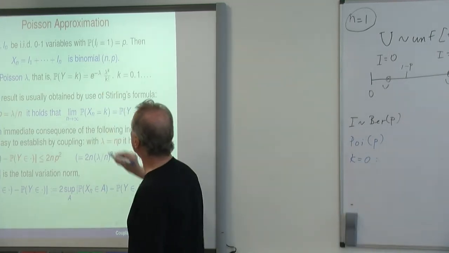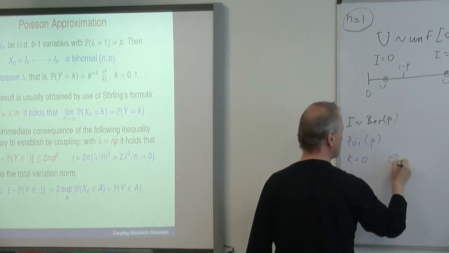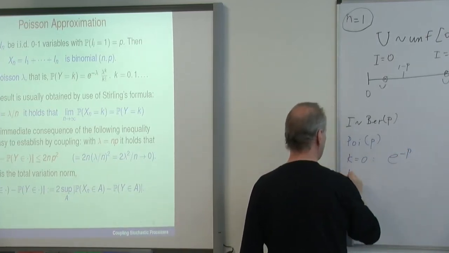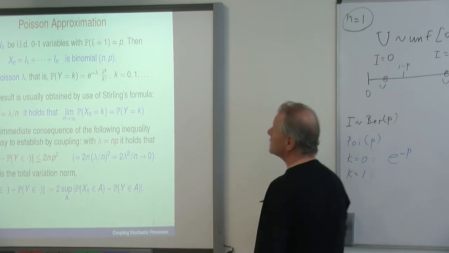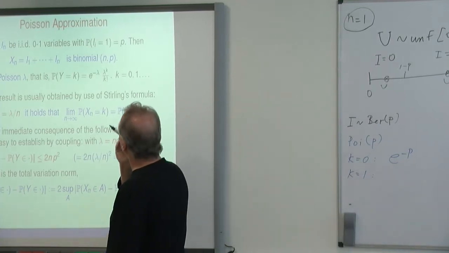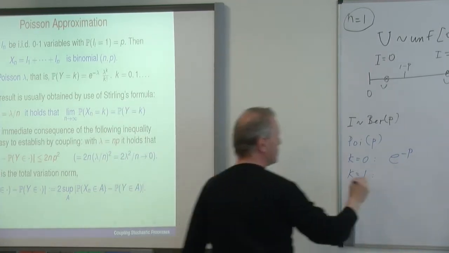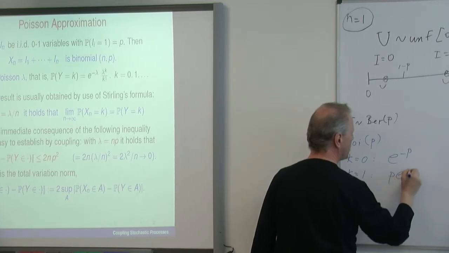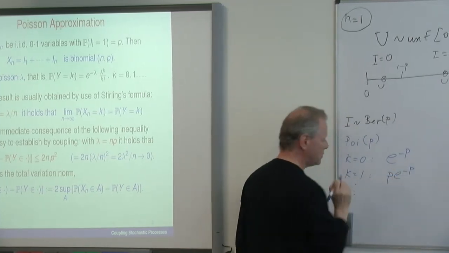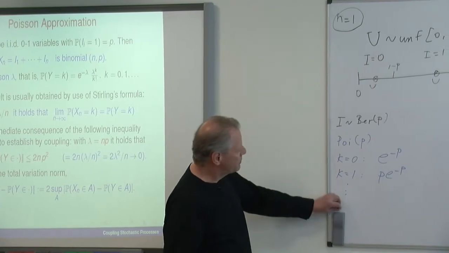It is e to the power minus p, and when k is 1, it is p times e to the power minus p, and so on. We don't use the other probabilities.